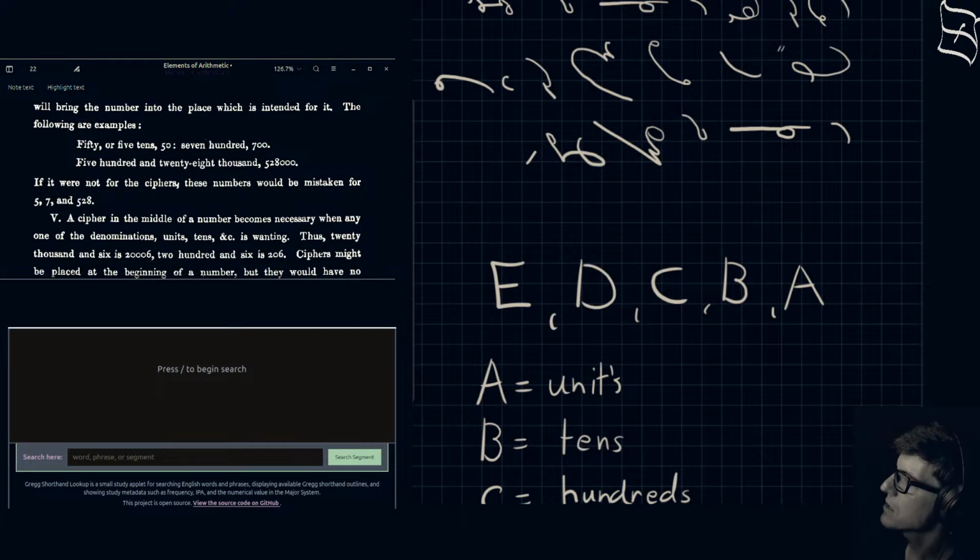So what 0 means is cipher. 528,000 is 528 cipher cipher cipher. Okay? If it were not for the ciphers, these numbers would be mistaken for 5, 7, and 528.